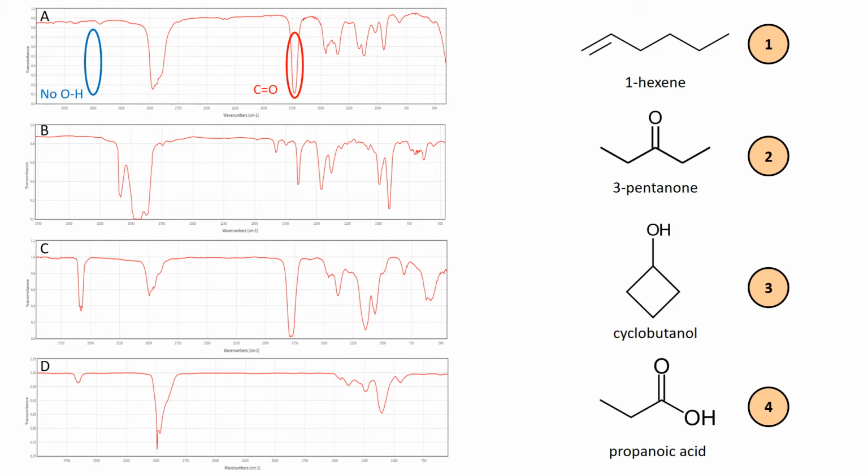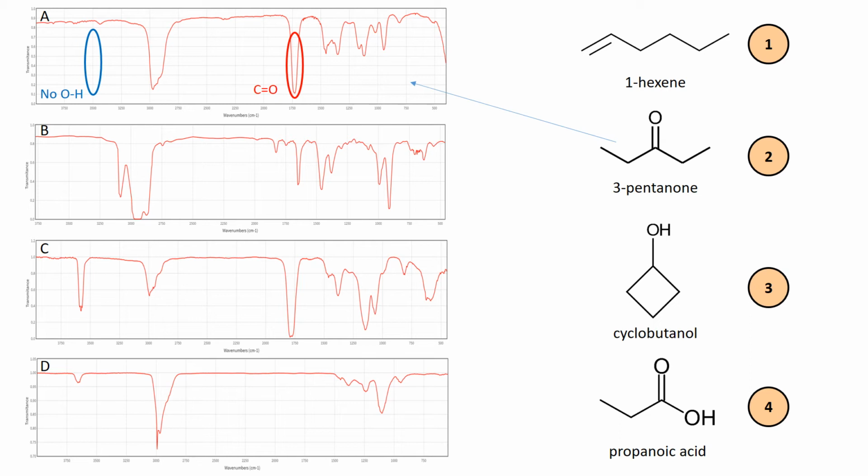So you can see here that we have a carbonyl peak at around about 1750 wave numbers. So the compound responsible for this spectrum has no alcohol group, but it does have a carbonyl group. So it can't be cyclobutanol because that's got an alcohol group. It can't be propanoic acid because that also has an alcohol group. So this must be 3-pentanone.